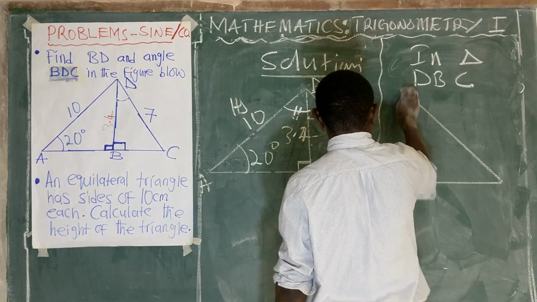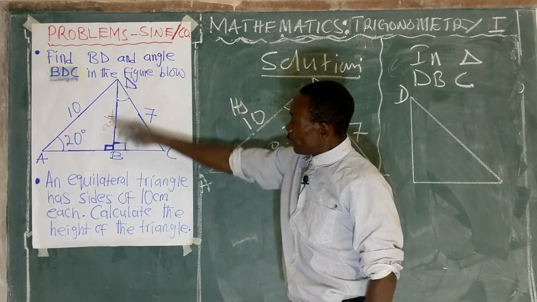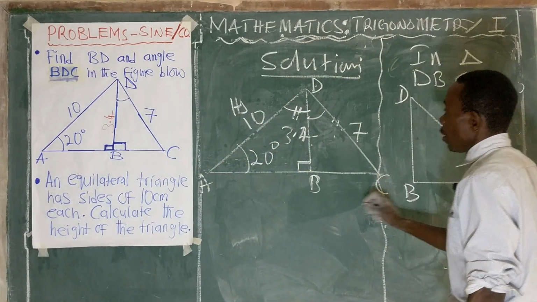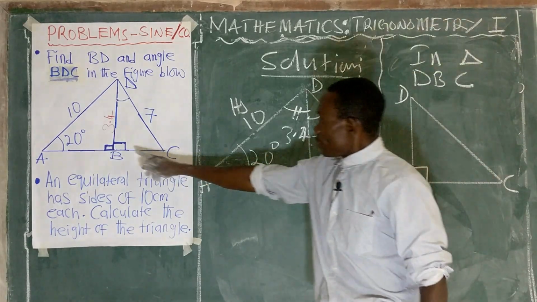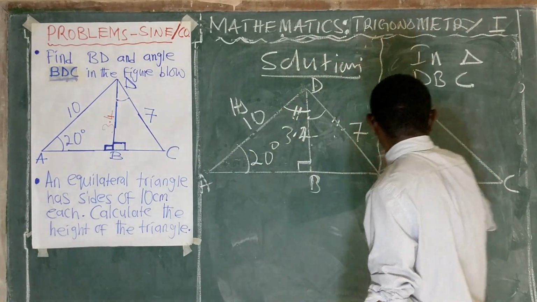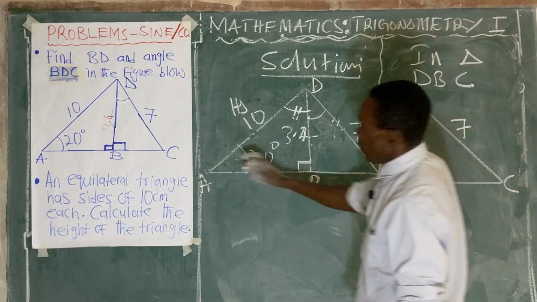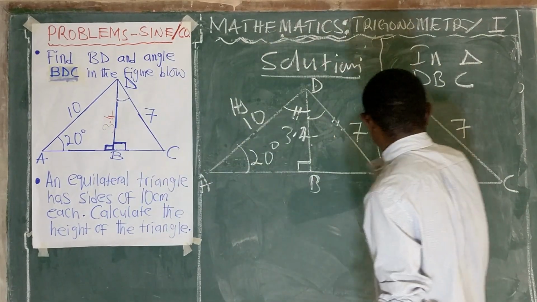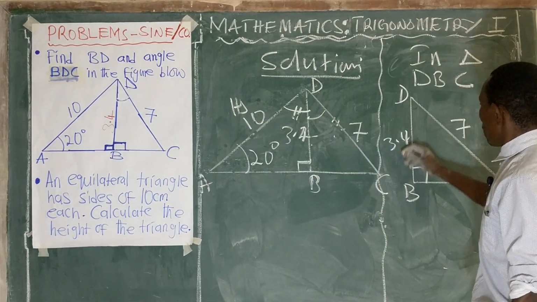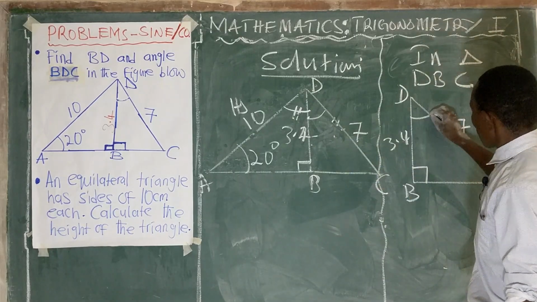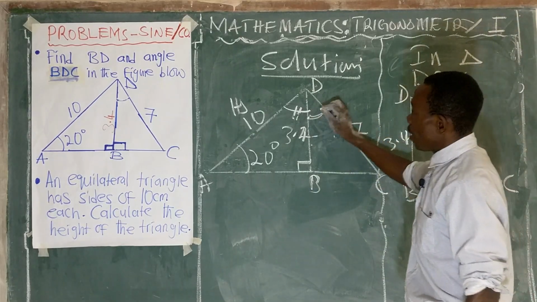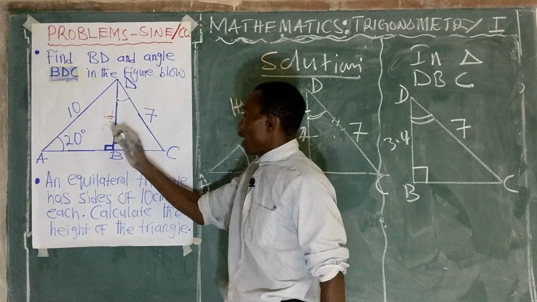This is our D, this is our B, and this is our C. This is right angled as it is here. This side is 7, so I'll write 7, and this is 3.4. This one is as good as this one here. Our interest is this angle here, as it was in the main diagram.